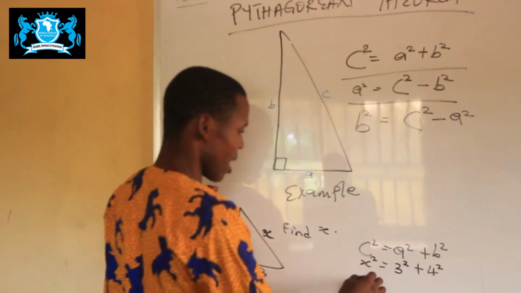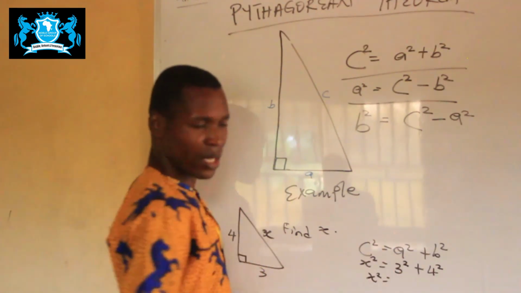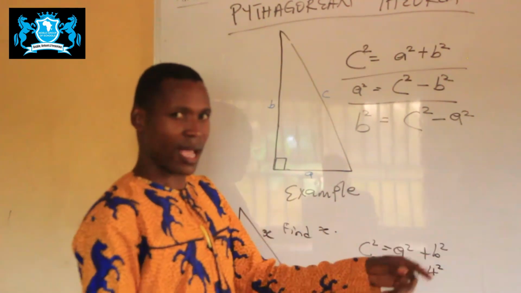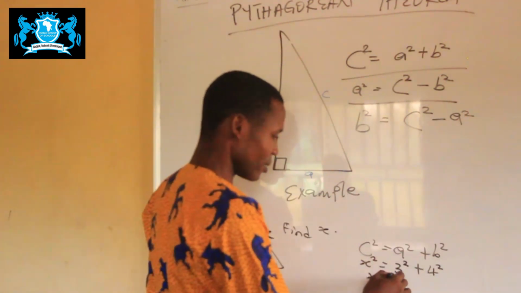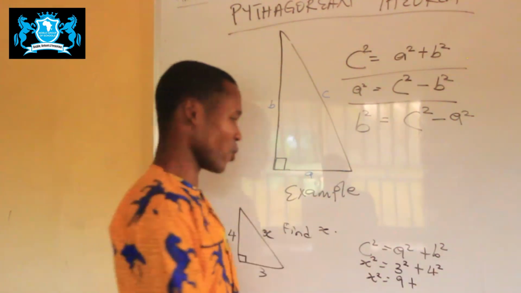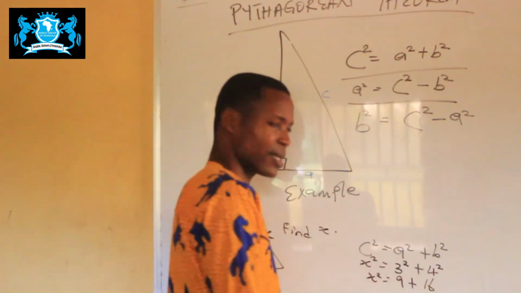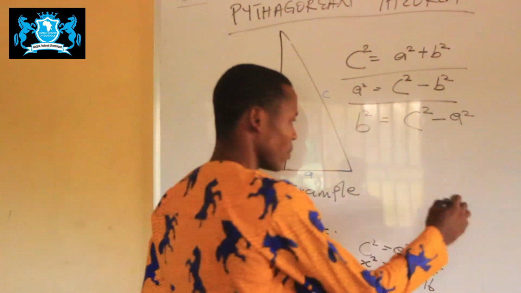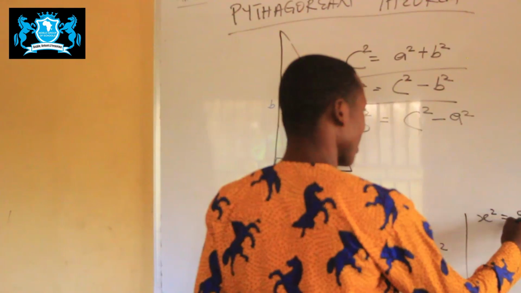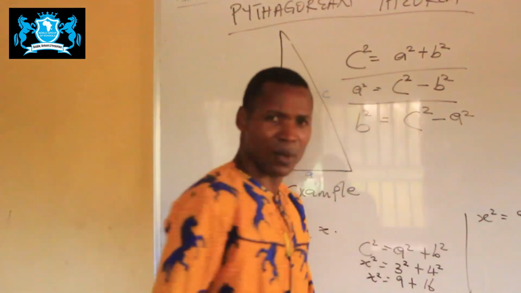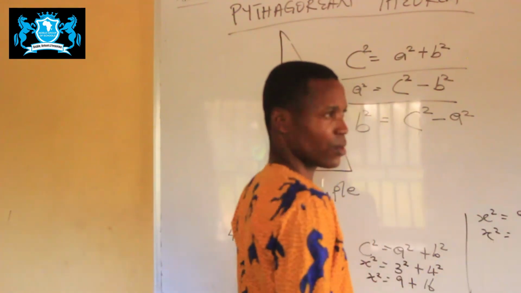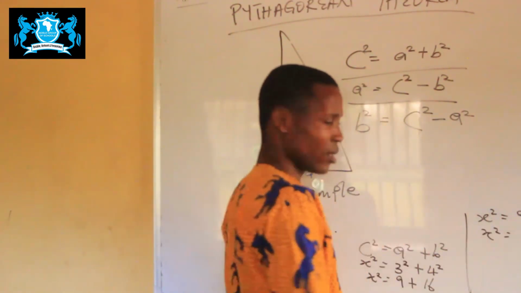Okay? x squared equals to, in your calculator, 3 squared, that's 3 times 3 is 9. Plus 4 squared, 4 times 4 is what? 16. Now, we have x squared equals 9 plus 16. What is 9 plus 16? x squared is equal to 25.